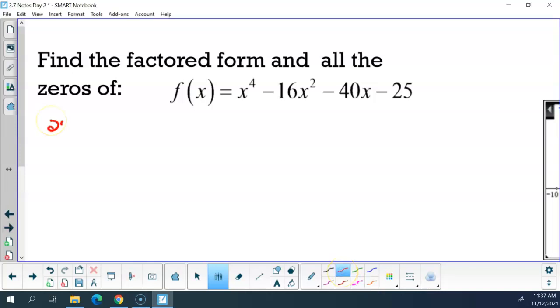Factors of 25 are this. Factors of 1 is 1. So my list is this.